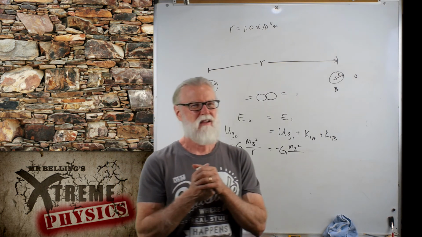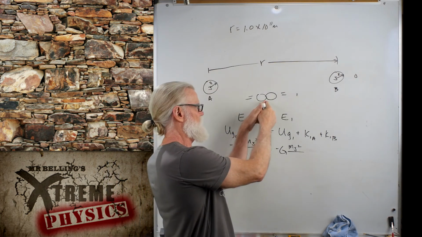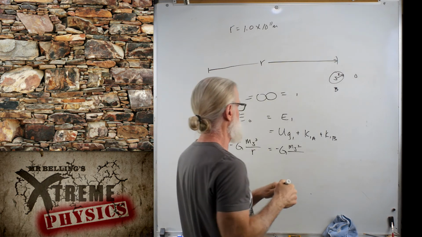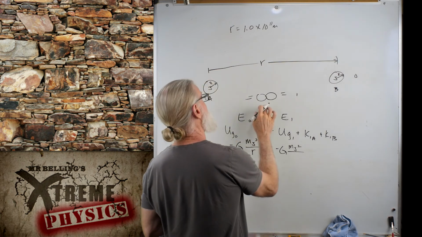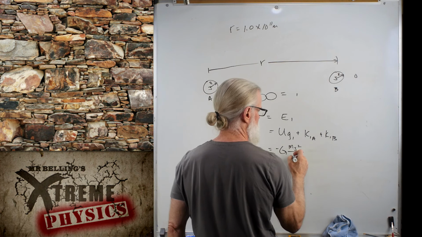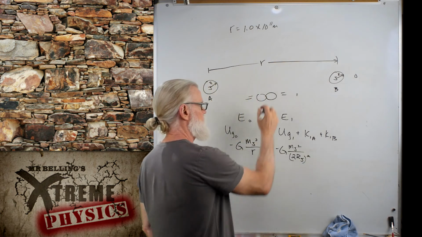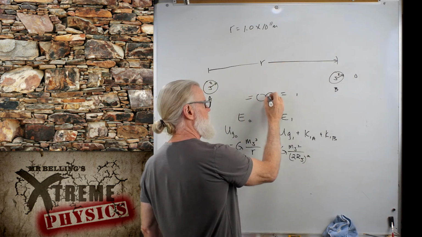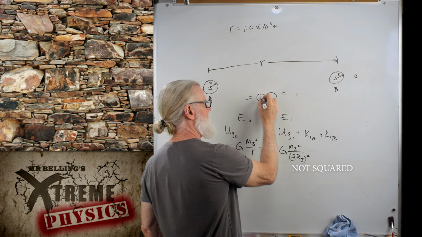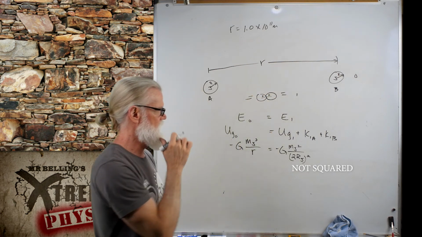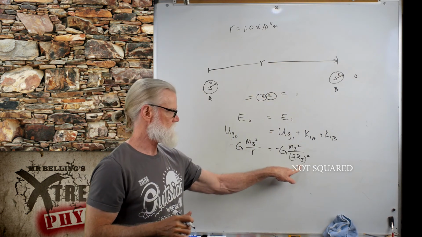The best we can do is how fast they're going right as their surfaces touch. So the distance between them is going to be 2 radii of Jupiter, because we got R and we got R. So their centers of mass are 2R apart.